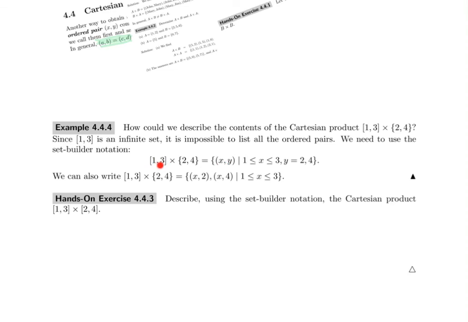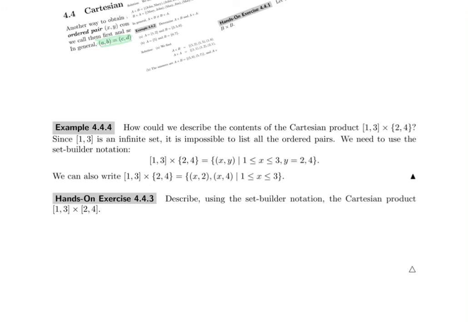So the way we would describe the interval [1, 3] cross the set {2, 4} is the set of ordered pairs (x, y) such that 1 is less than or equal to x, which is less than or equal to 3, and y is equal to 2 or 4.